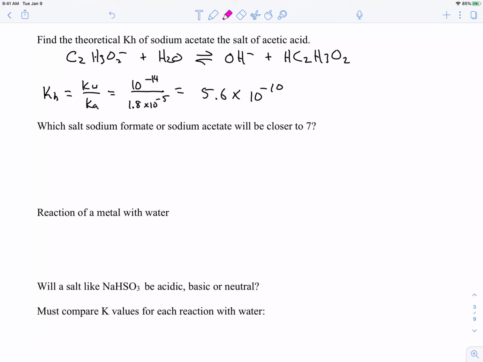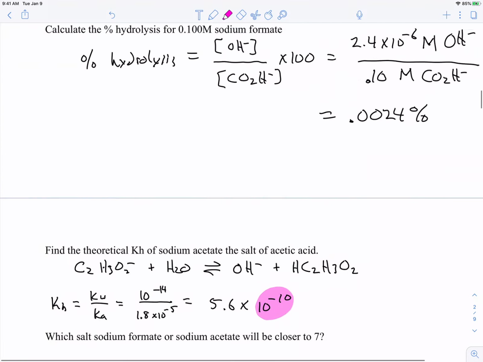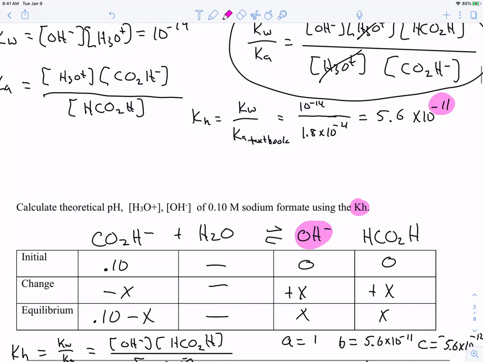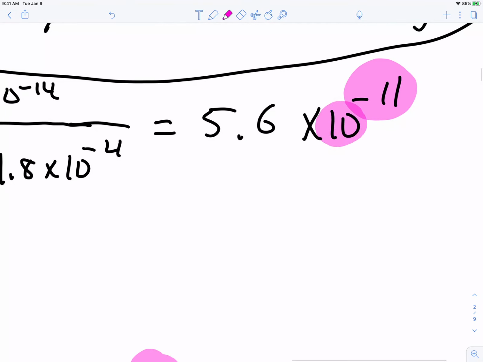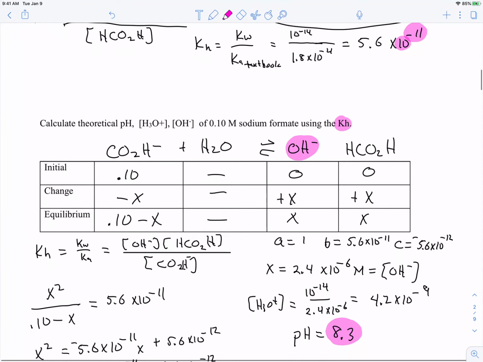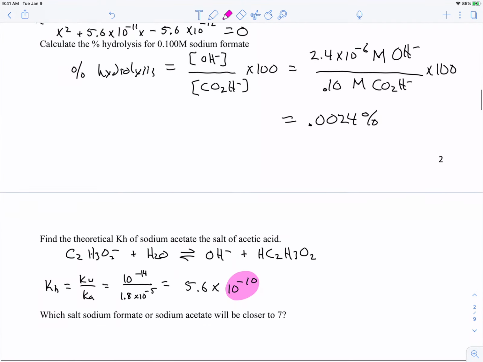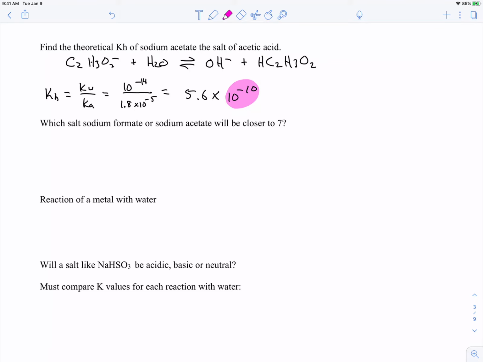But what we need to look at is the 10 to the minus 10 and compare that with the 10 to the minus 11. So the formate ion has a lower hydrolysis constant. So let's talk about the acetate.